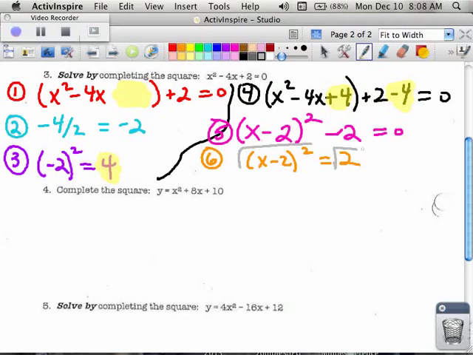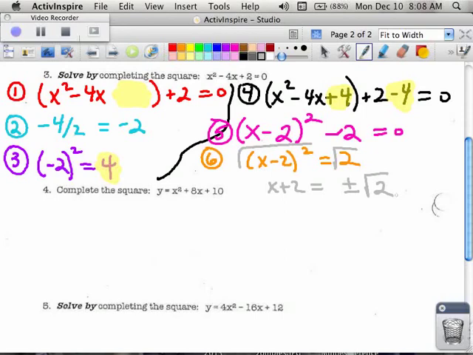And I get x plus 2 equals, and whenever you square root a variable, the answer on the other side of the equation will always be plus or minus whatever you got. Because the answer could be a positive one of those things or a negative one of those things.